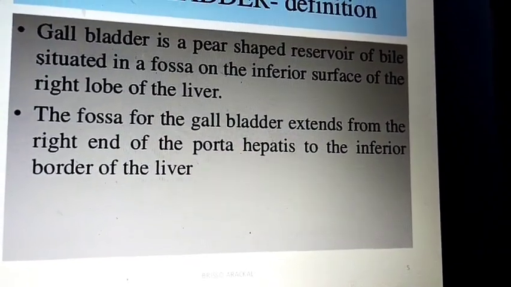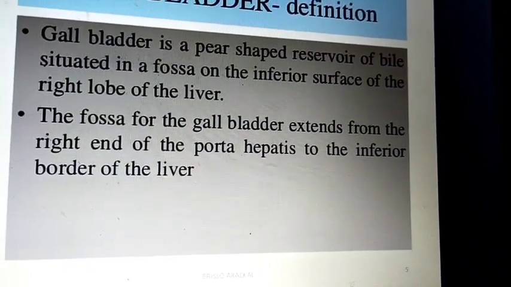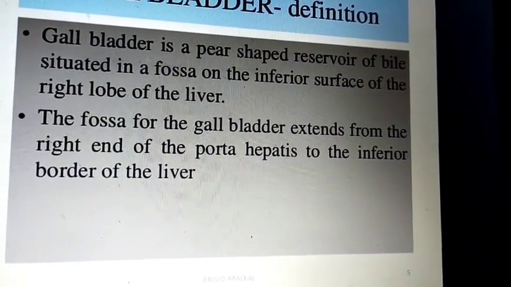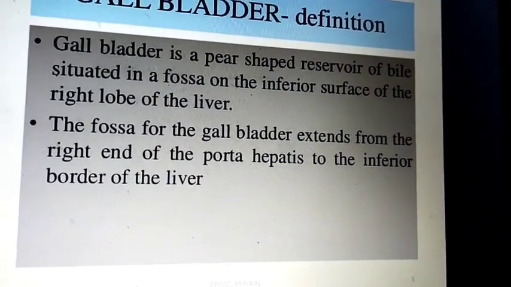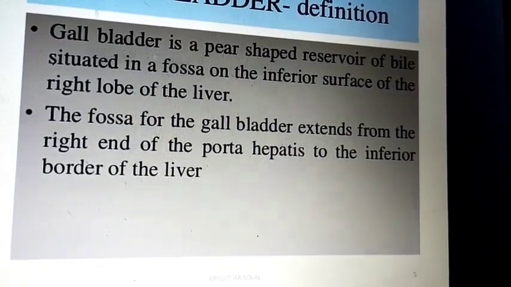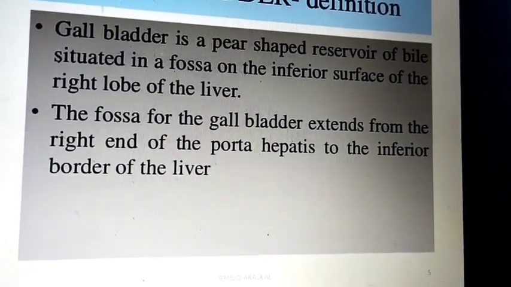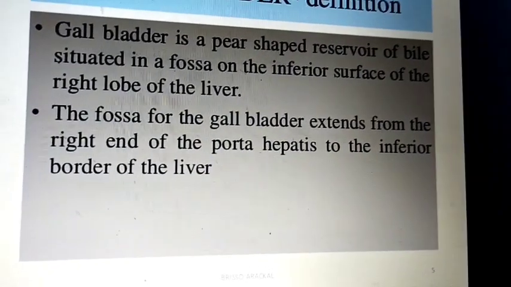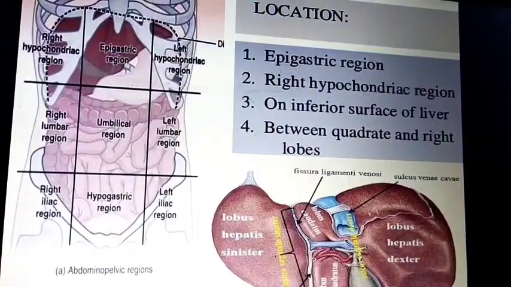From the porta hepatis the arteries and veins go into the liver and the duct comes outside. You can shortly say it is the hilum of the liver, though not exactly. And then the inferior border of the liver.